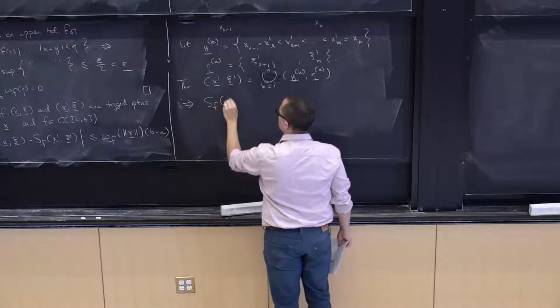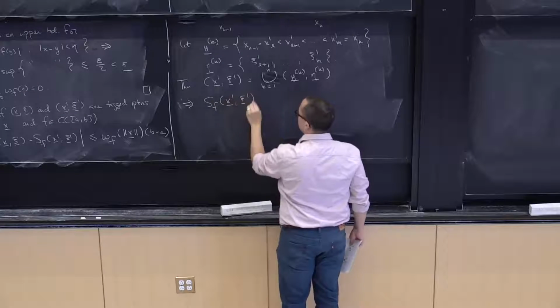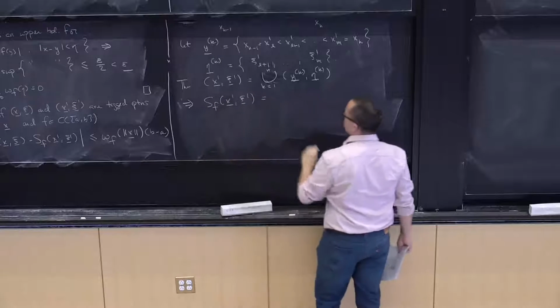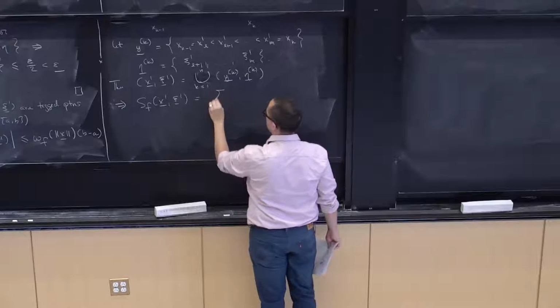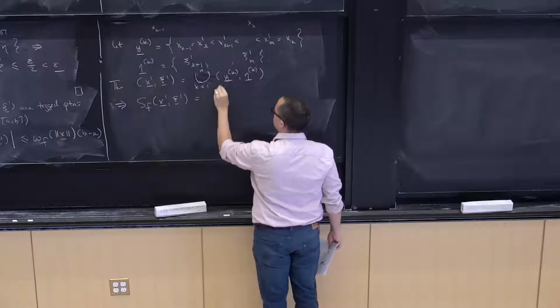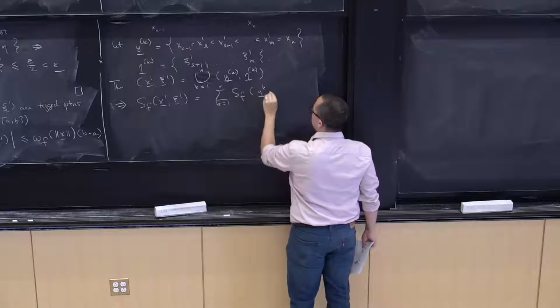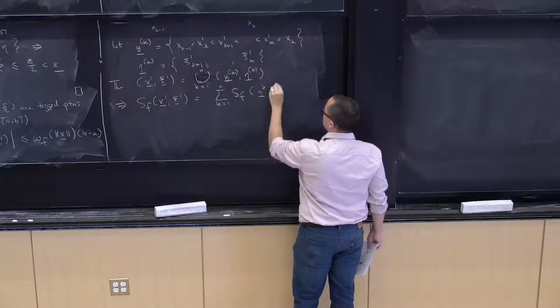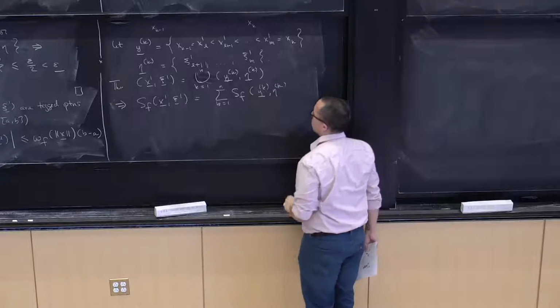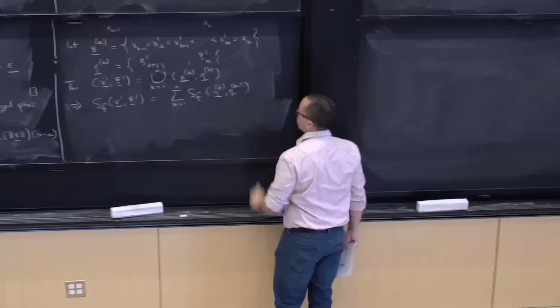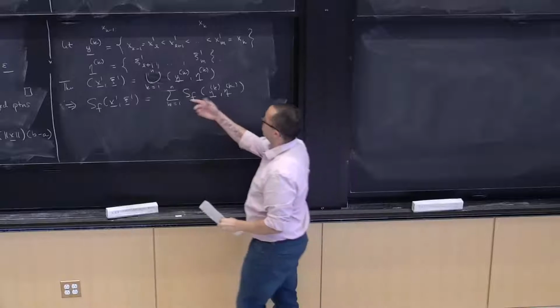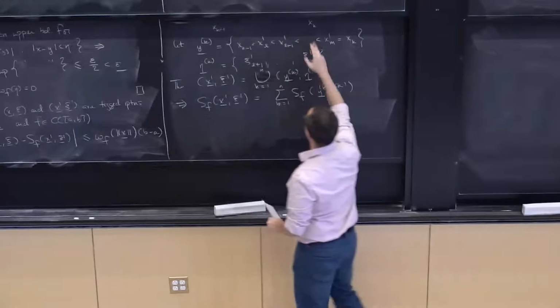this implies that the Riemann sum corresponding to this tagged partition is equal to the sum of the Riemann sums corresponding to these partitions of these intervals x_{k-1} and x_k.